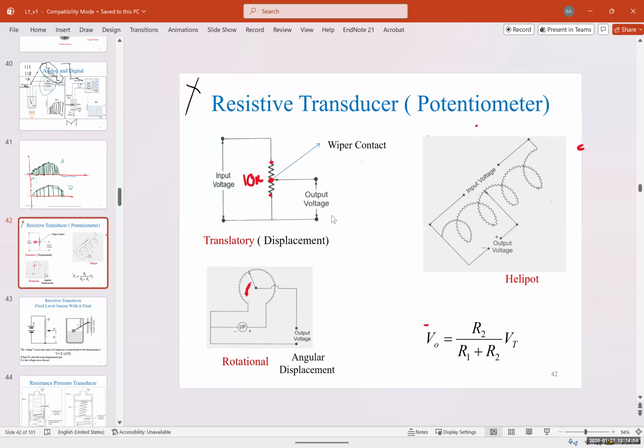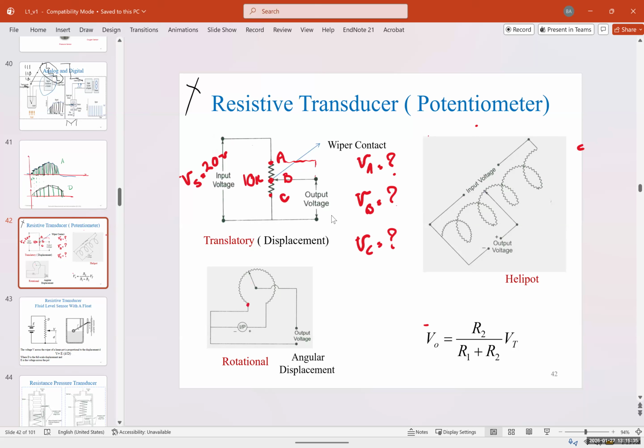I want to find the output voltage at three points, A, B, and C. If this moves to A, B, and C, and my input voltage Vs is 20 volts, I want you to find VA, VB, and VC. I'll give you 5 minutes to think on this and then I will solve it. By the way, the first student to solve this gets extra points on their first homework.